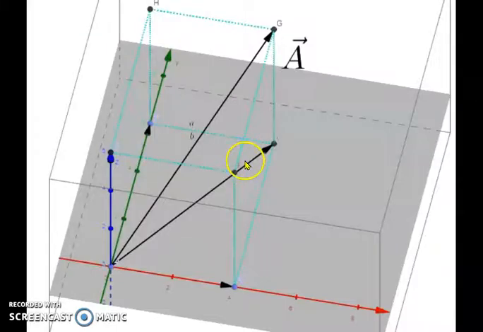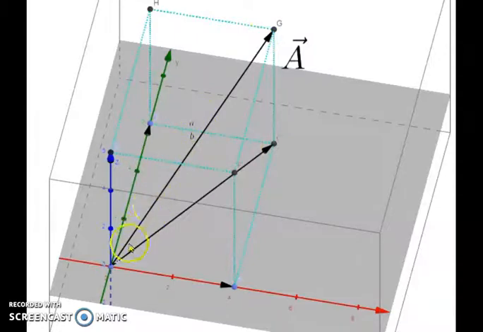So this one is vector A, with the x, y, and the z component. So, paano ito i-form? Okay, so itong red natin is the x-axis. This green is the y-axis, and this blue is the z-axis.